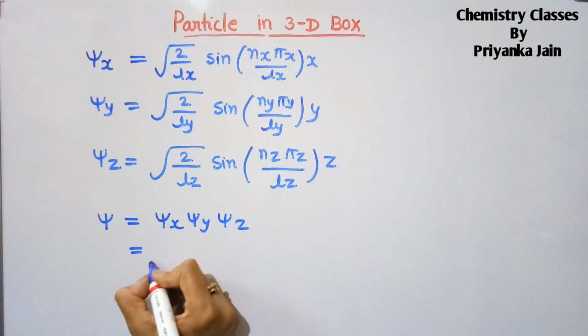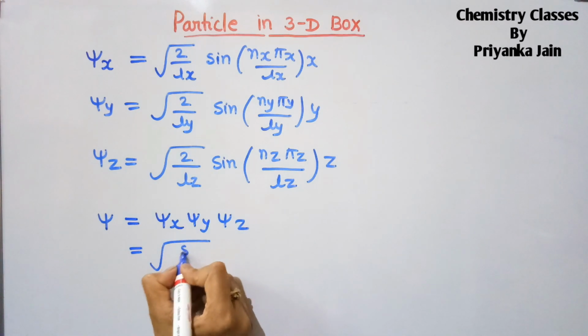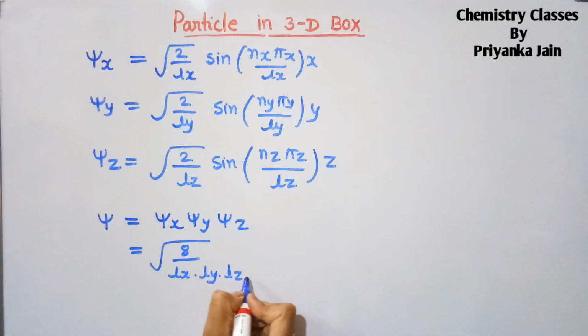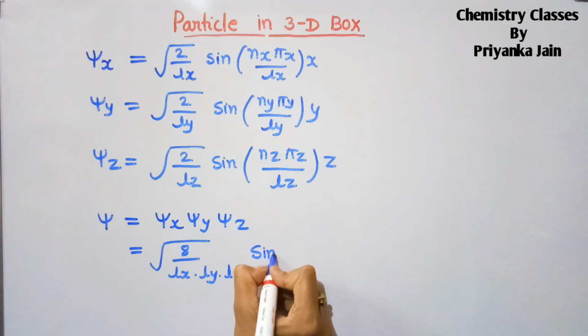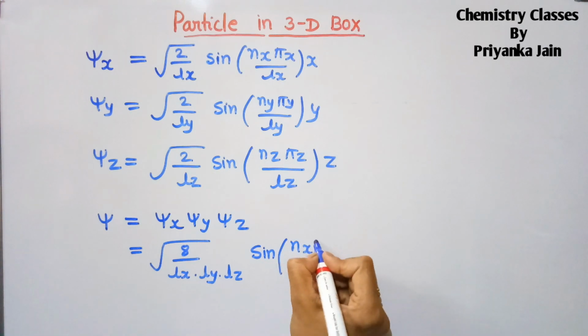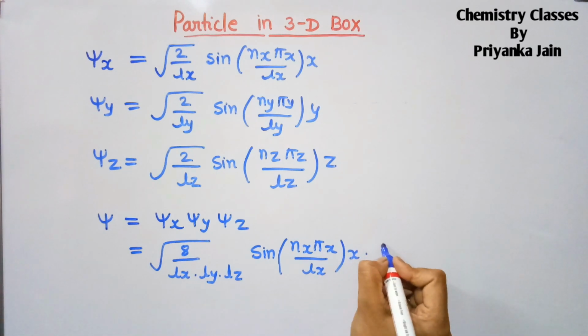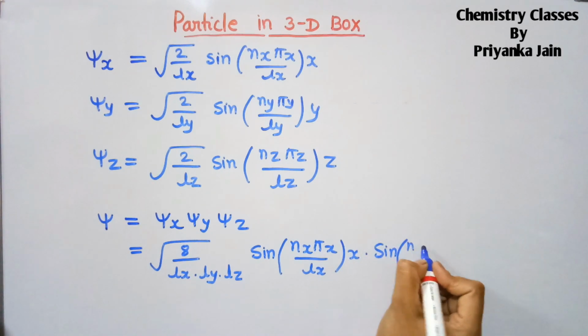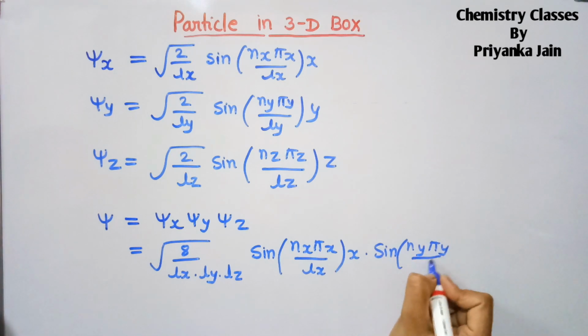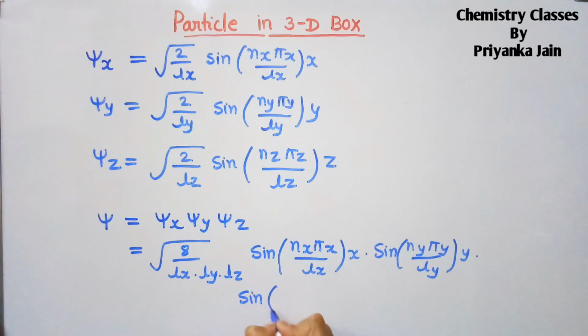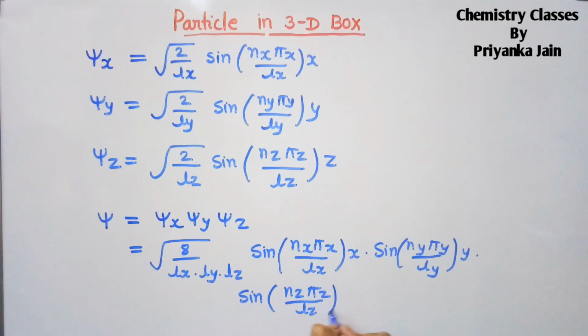The multiplication will be equal to root of 8 upon Lx Ly Lz, and this will be sin(nx π x upon Lx) times sin(ny π y upon Ly) times sin(nz π z upon Lz). This will be the value of psi.